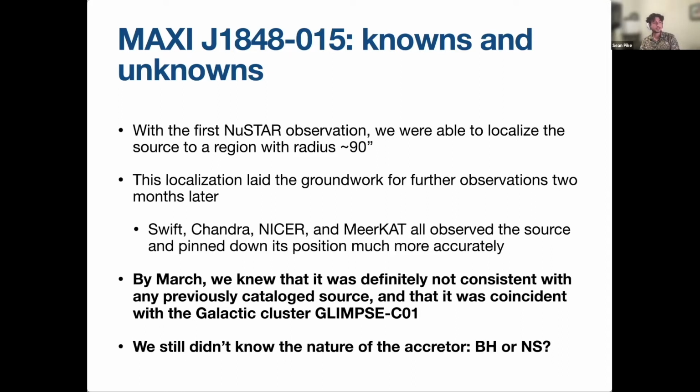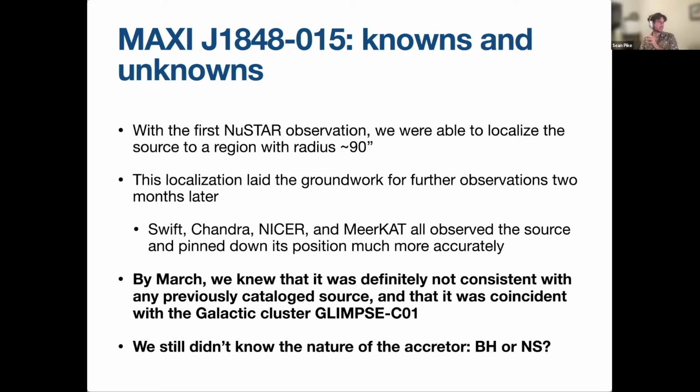These precise localizations determined that it was coincident with the galactic cluster GLIMPSE-C01, which is maybe between a globular cluster and some other kind of categorization, maybe not quite a globular cluster, but looks like a globular cluster. And so from that, we got a distance, which was 3.3 kiloparsecs.